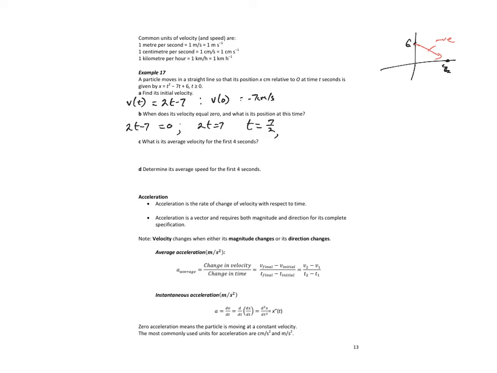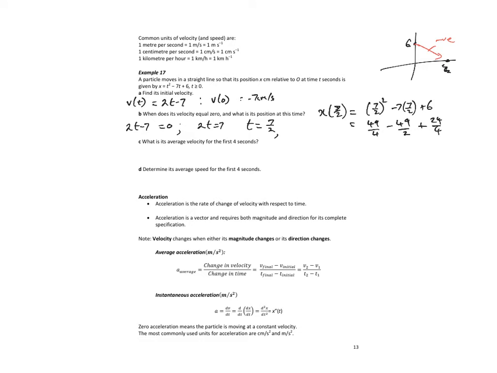So at t equal to 7 on 2, x is equal to 7 on 2 squared minus 7 times 7 on 2 plus 6, which is equal to 49 on 4 minus 49 on 2 plus, let's make that on 4, 24 on 4.